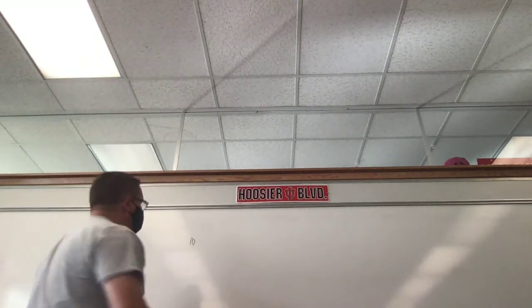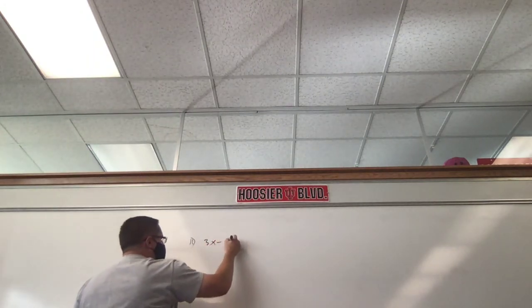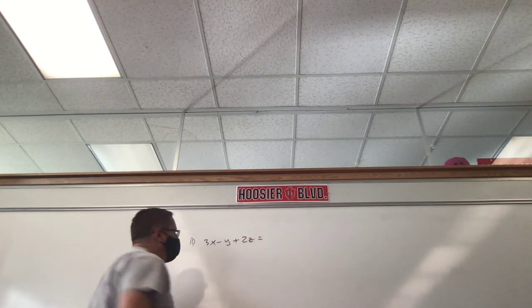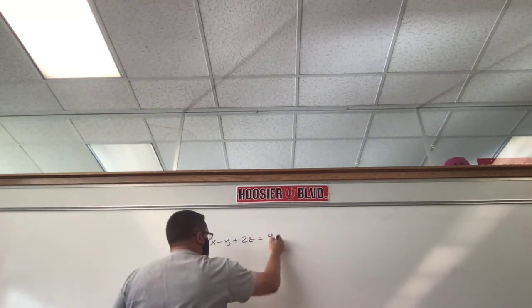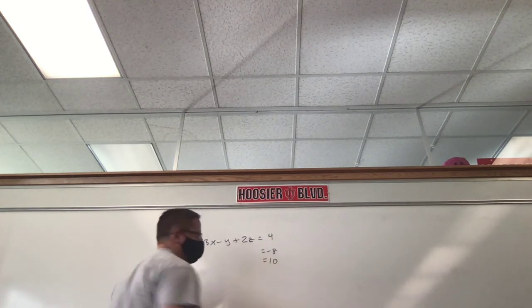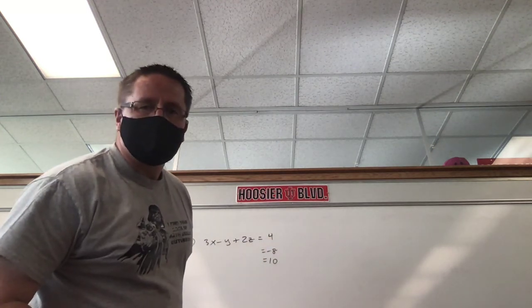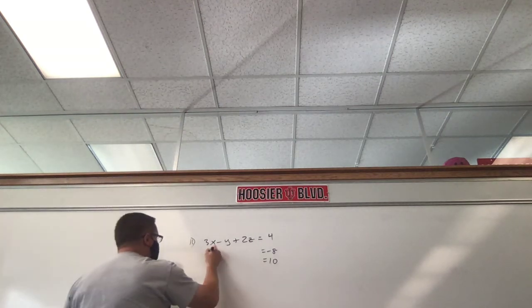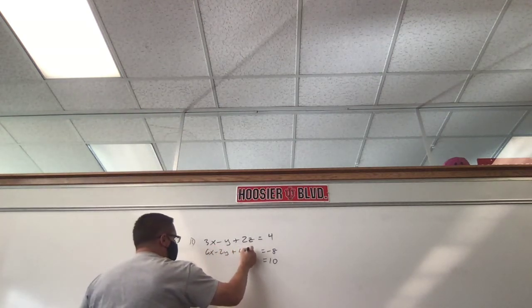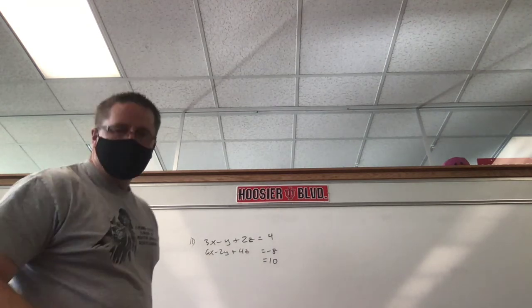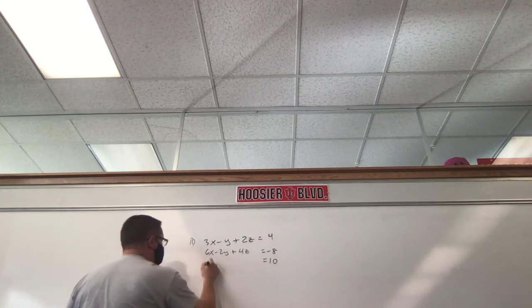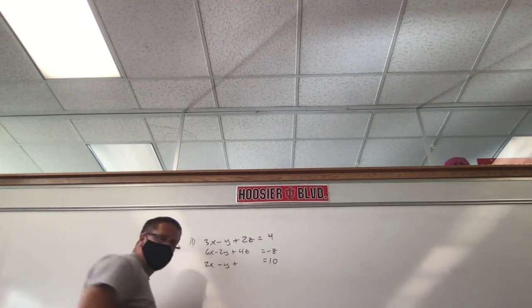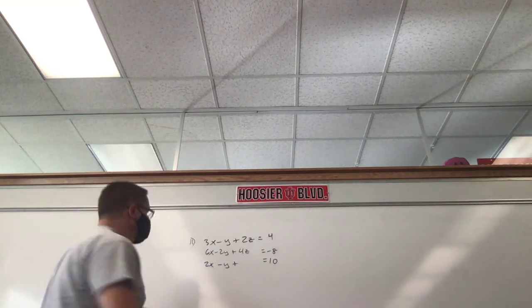So they give us 3x minus y plus 2z equals 4, 6x minus 2y plus 4z equals negative 8, and 2x minus y plus 3z equals 10.